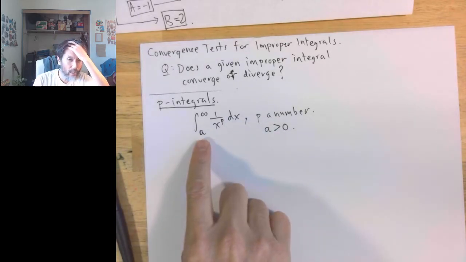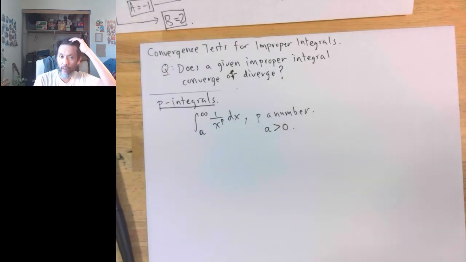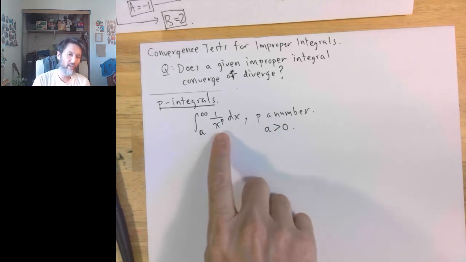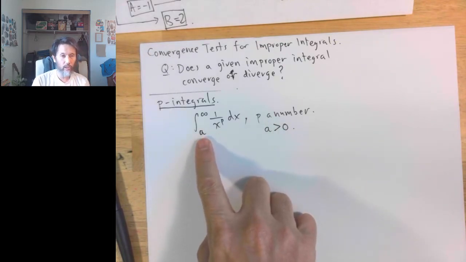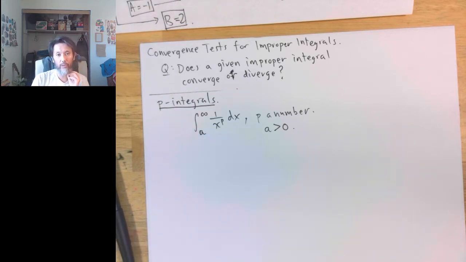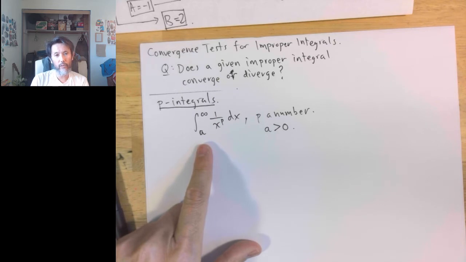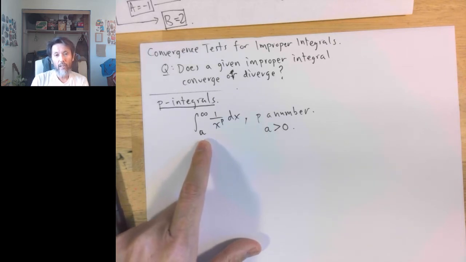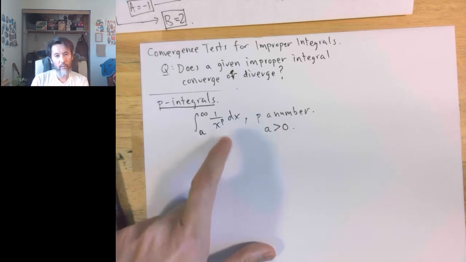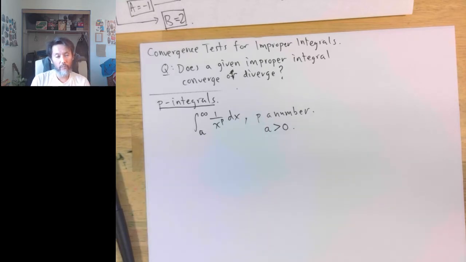What's happening when x is still a finite value does not really make a difference. If I know that this integral converges when a is equal to 1000, then I know that it converges when a is equal to 5. And conversely, if this integral converges when a is 5, it will converge when a is equal to 10,000.